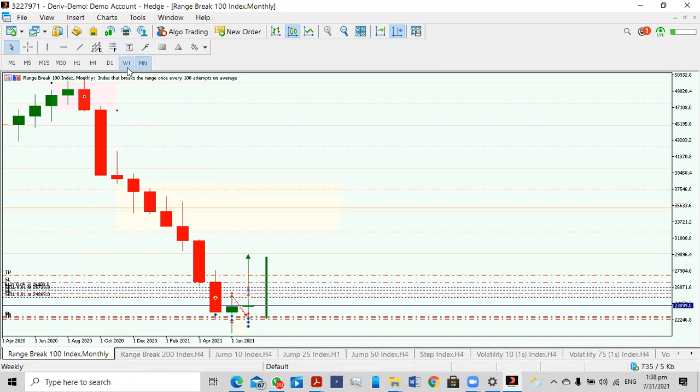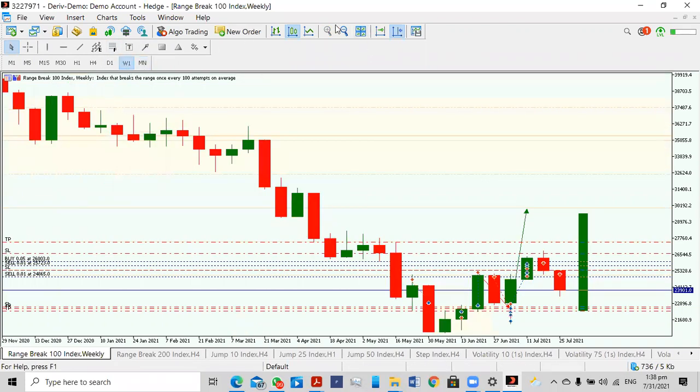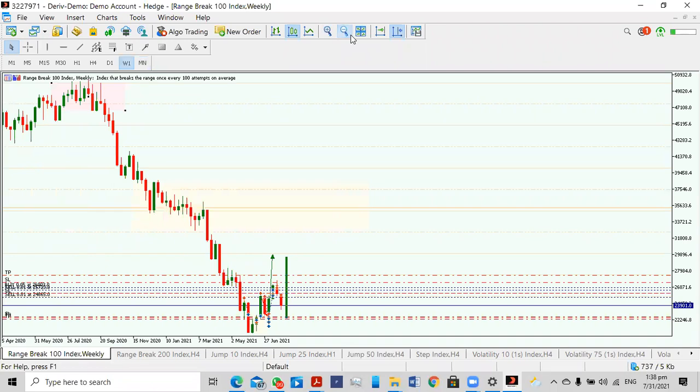Then if we now go to weekly, on monthly it has shown an order block. So if I want to pick my entry, I'll go to weekly, since it has shown an order block on monthly. Then I'll see how it has reacted in that zone, a retest and a rejection in that zone to confirm my movement.